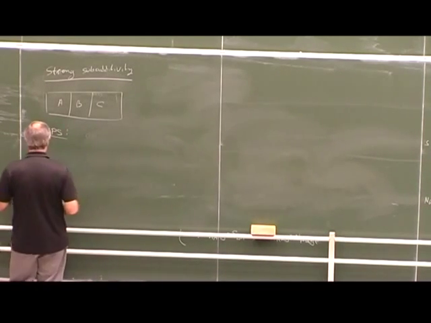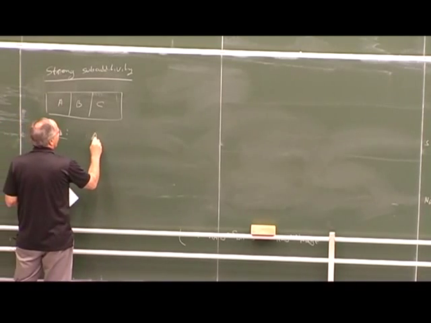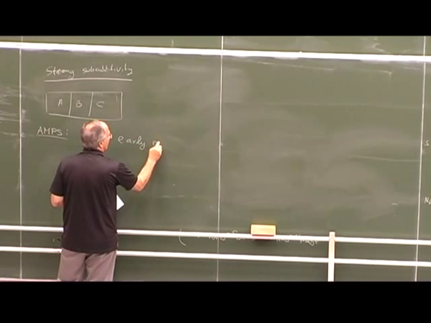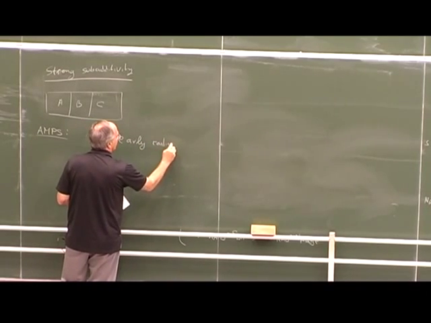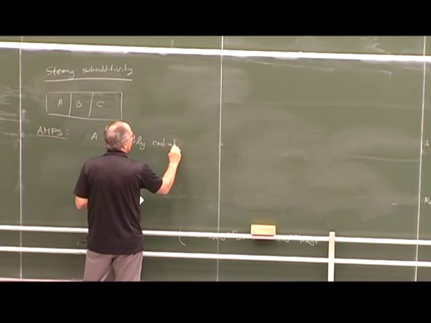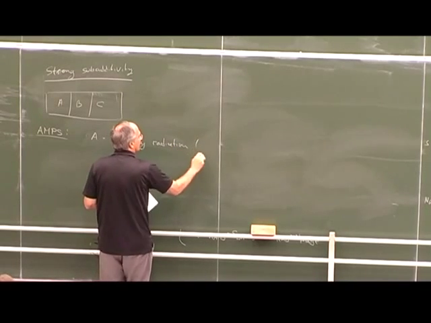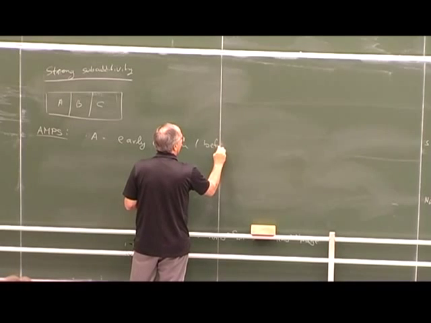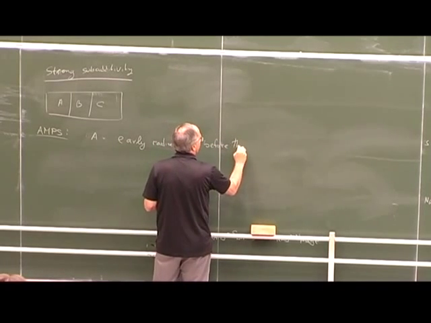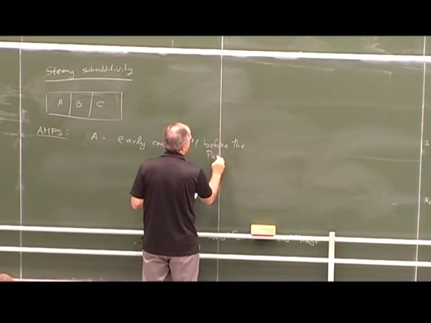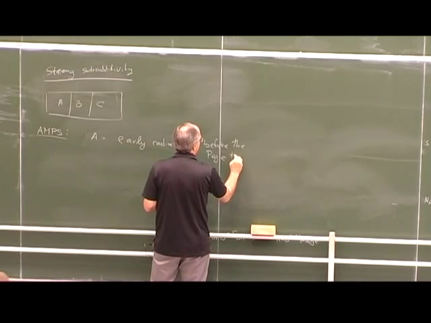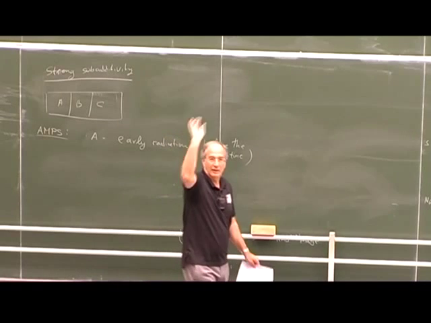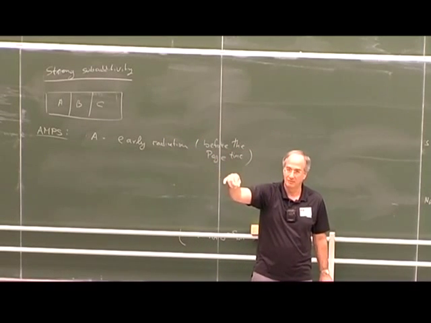So in the AMPS paper, the A is the early radiation. This is the radiation that was emitted before the Page time, and is already far from the black hole. Okay?